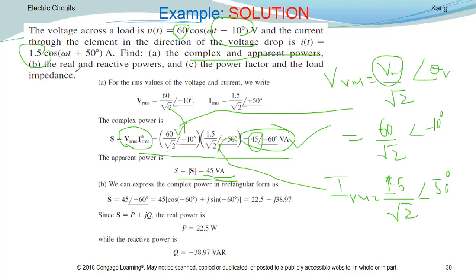And we have to find the real and reactive power. So S equals 45 with the angle. So S equals P plus jQ. So P, the real part, is 22.5, and the reactive power is minus 38.97 VAR.